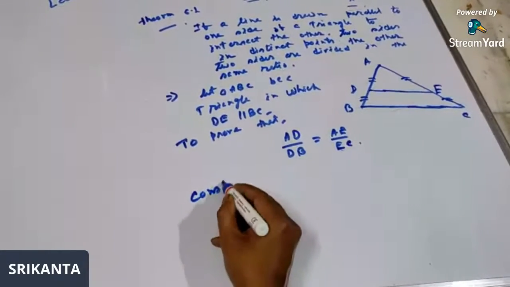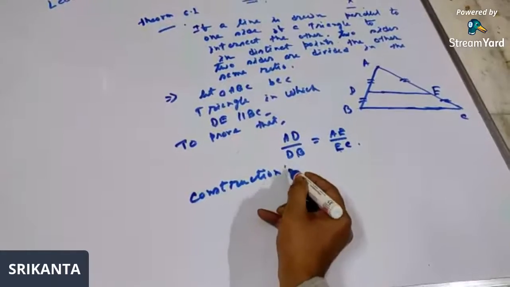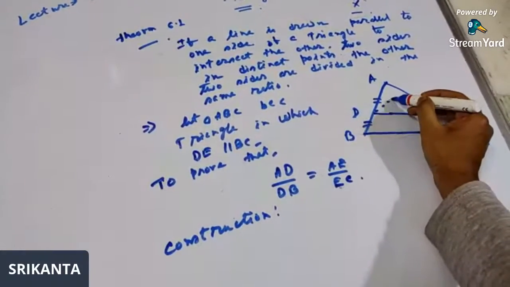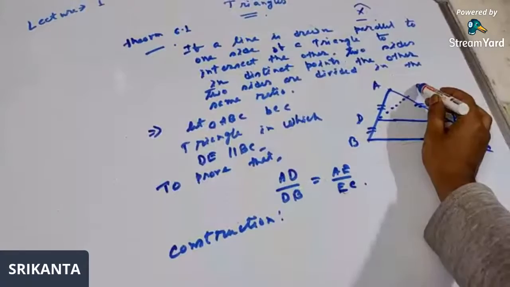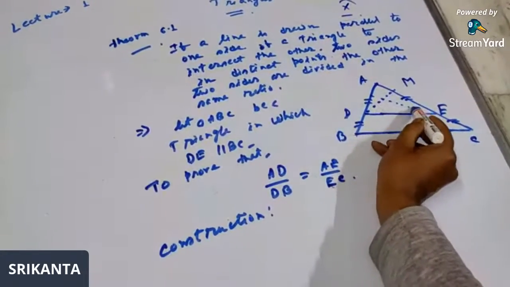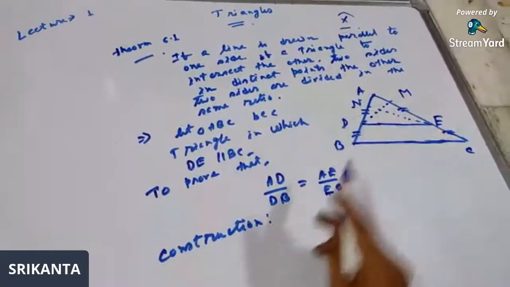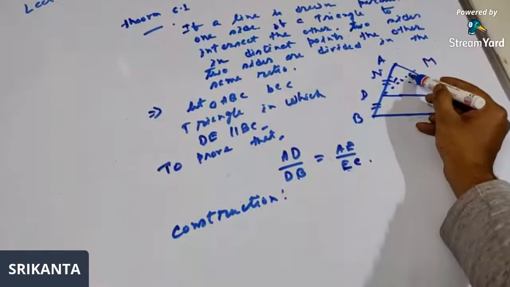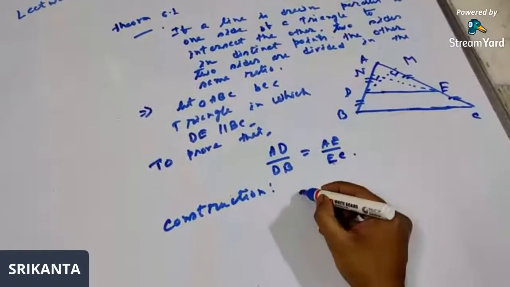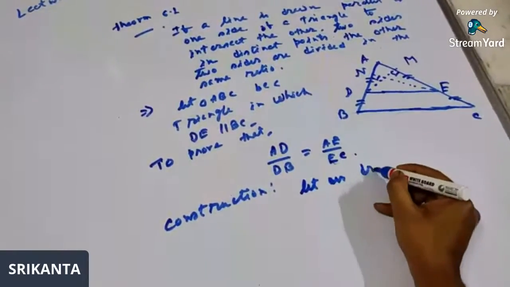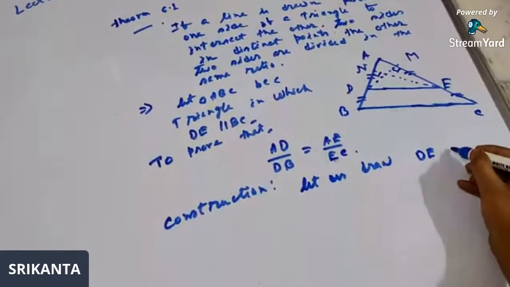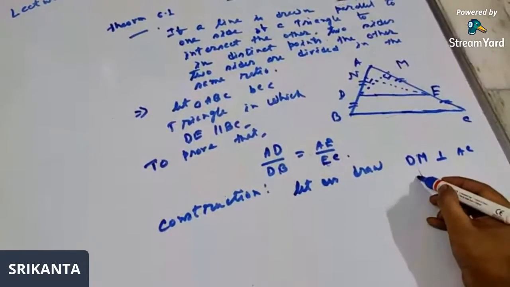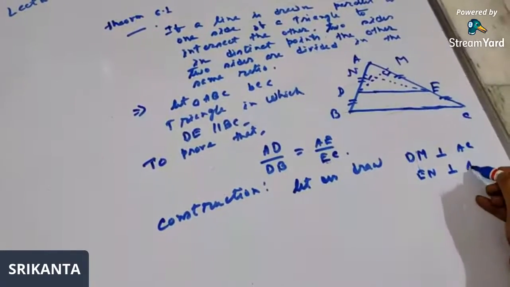So now the construction. Suppose we draw two perpendiculars from the points D and E. Let us draw DM perpendicular to AC and EN perpendicular to AB.